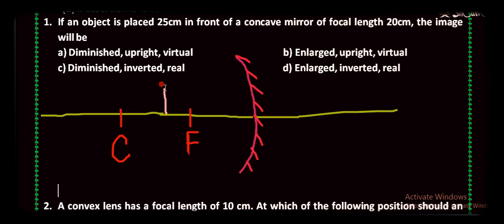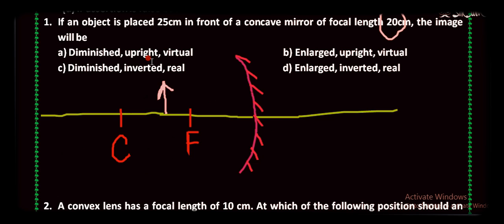So the object is obviously placed between F and C, because the center of curvature will be double the focal length, that will be 40. Now you can draw the ray diagram for this.